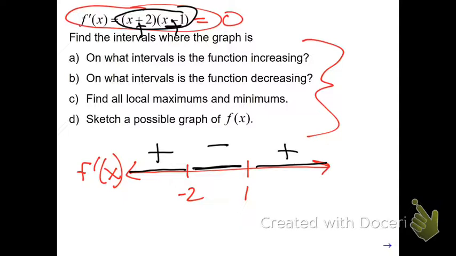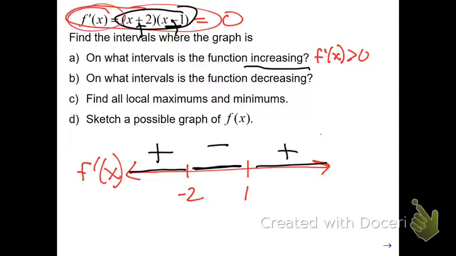Now, what does this tell me? F of x is increasing when, what's the definition? You want to always write that definition. F of x is increasing when f prime is positive. This is f prime that I have on my sign chart. Even though f of x isn't given, this is describing f of x.